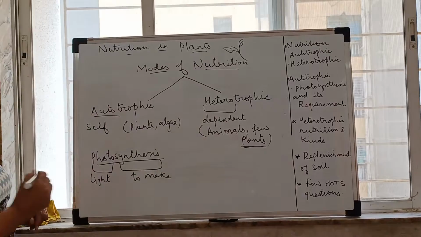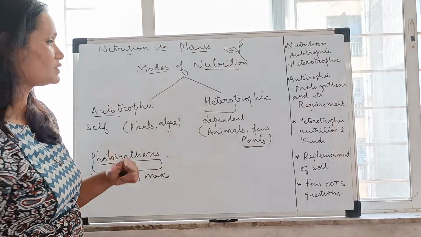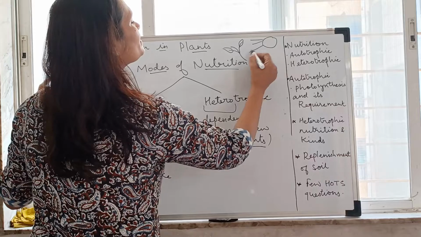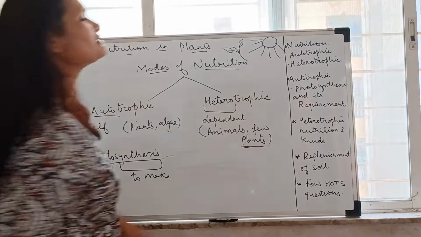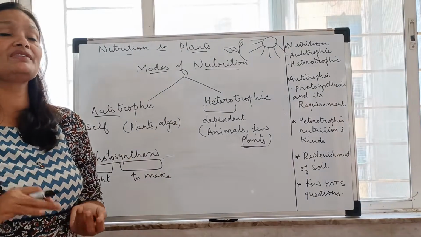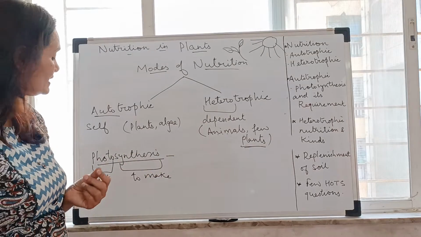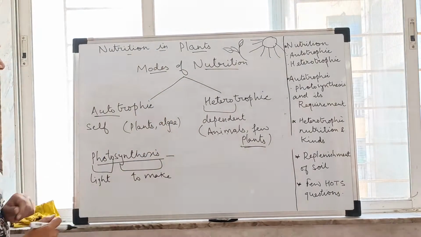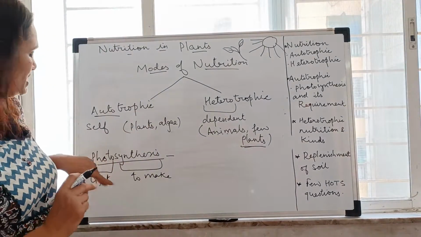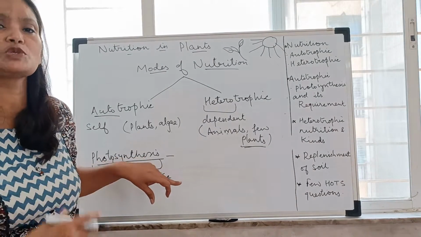We all know that sunlight is the ultimate source of energy. The sun is the one which is giving energy to all the organisms present on this earth. So in photosynthesis, photo means light and synthesis means to make, to synthesize, to prepare.